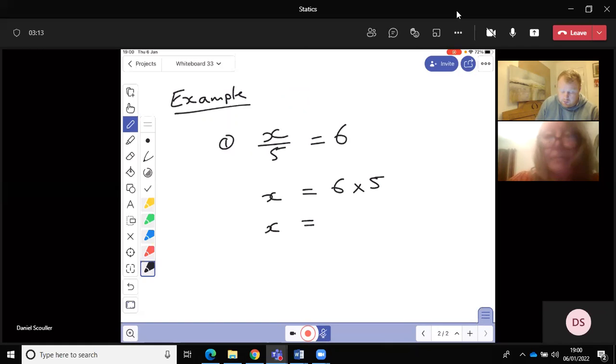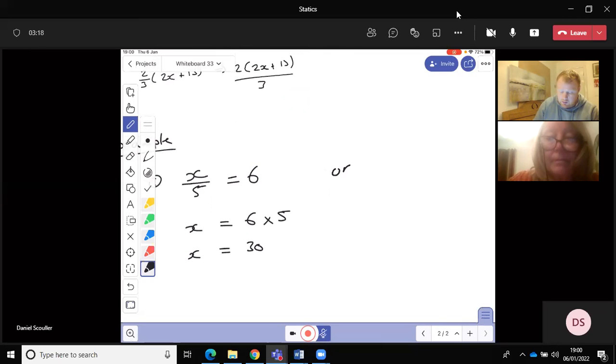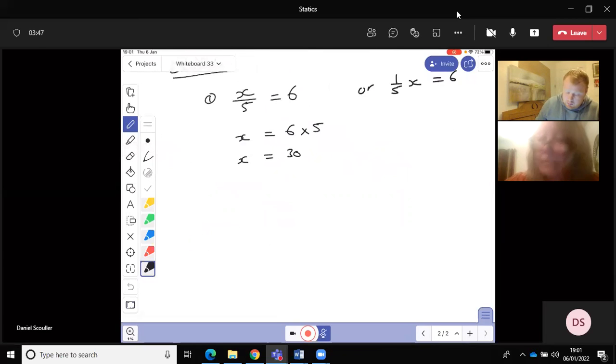So x equals 30. That could be written as 1/5 of x equals 6, and the same sort of rules apply. So you could see it in both ways now. Probably more common if it was 2/5 x equals 6 or something along those lines. Just be aware it could be written like that. So let's do a complicated one.